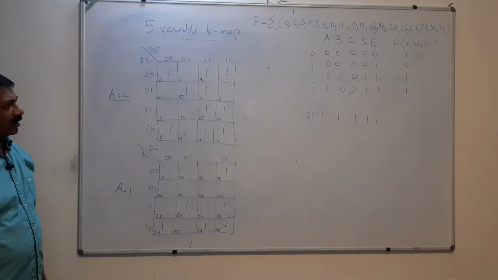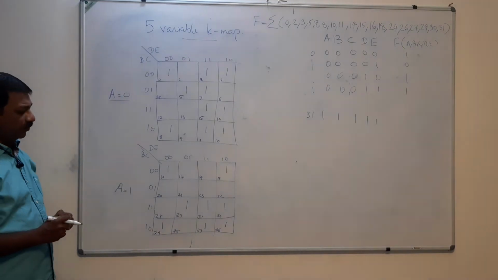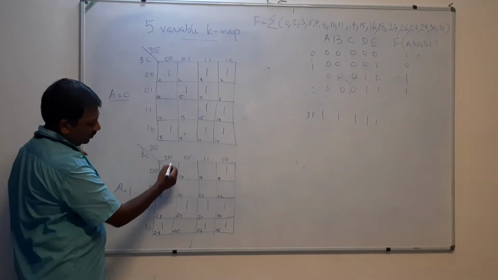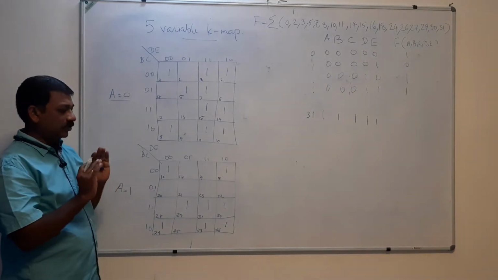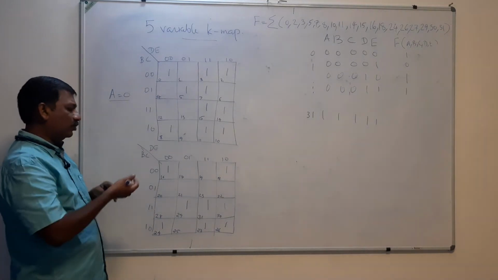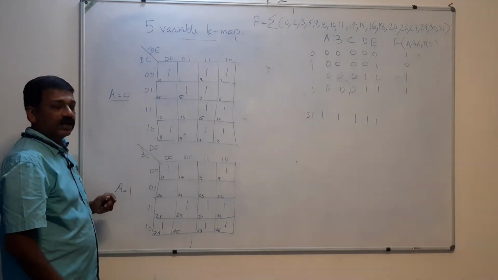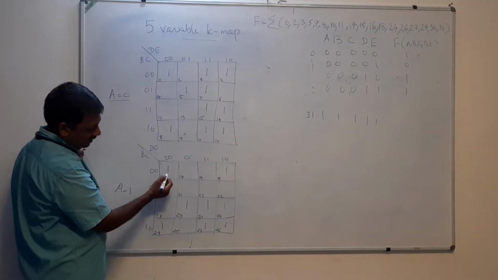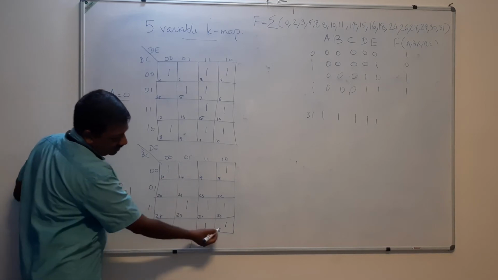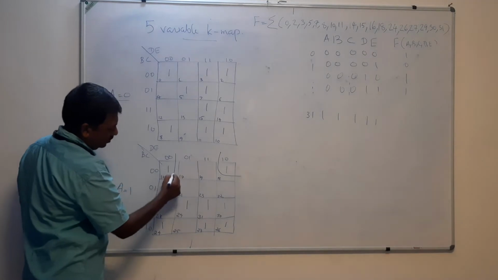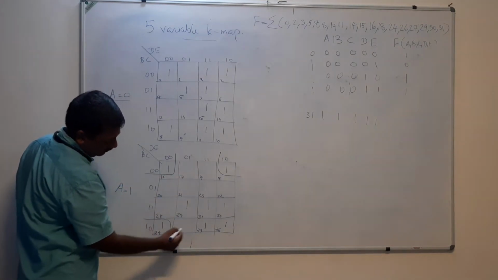Here, as I told you earlier, this is something like a cube or some folded thing. You can treat it like that. That means this is logically adjacent to this, and this is logically adjacent to that. Now we are going to have a group like this.